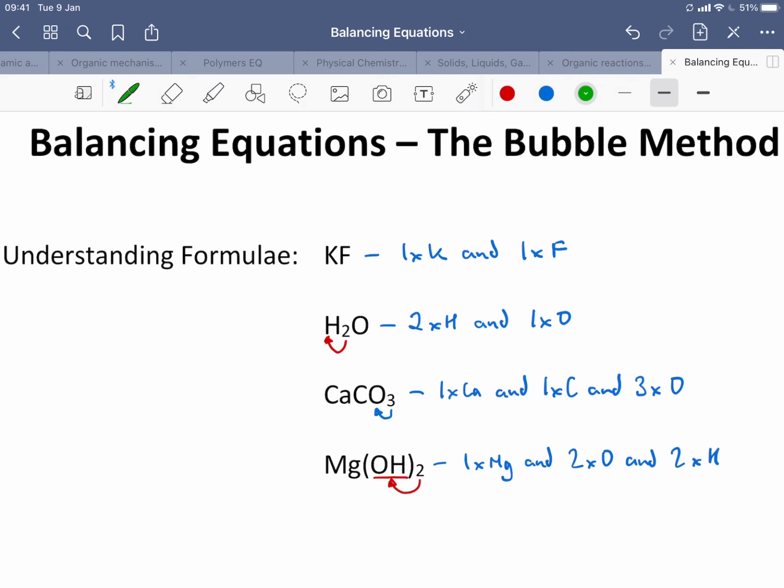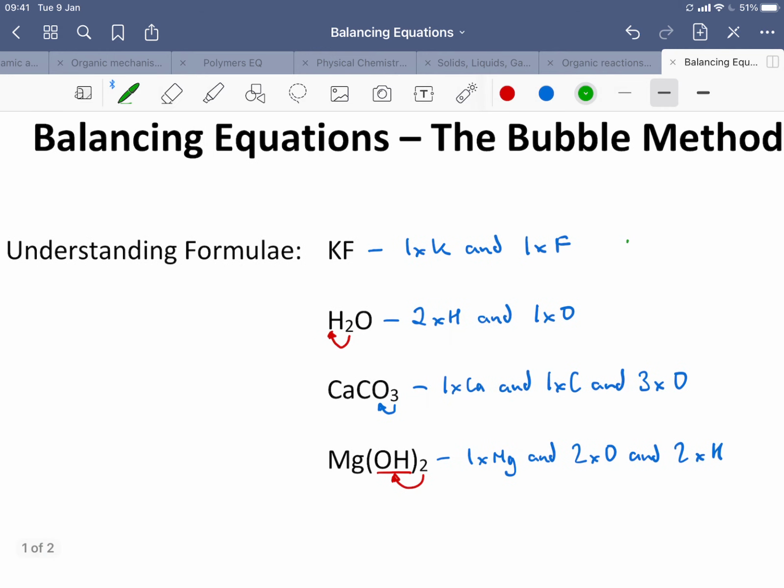So if we look back at the potassium fluoride at the top here, there's 1 K, there's 1 F. So actually my bubble isn't really going to look much different to how the formula is presented there. If we look at the water, I said there were 2 hydrogens and 1 oxygen, so we would write this in our bubble method like this. It's an easier way of keeping tally of what we've got.